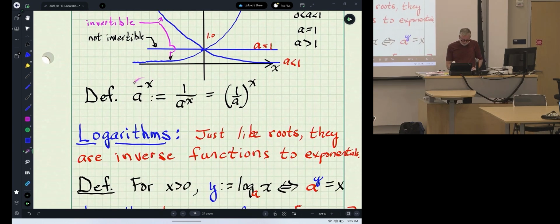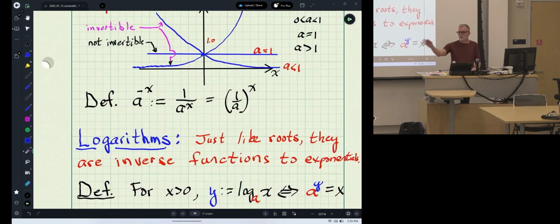When we put a negative exponent, it's by definition equal to 1 over a to the x, where the exponent is positive. And that's the same thing as a to the minus 1 raised to power x. Okay, so that's useful things to know.